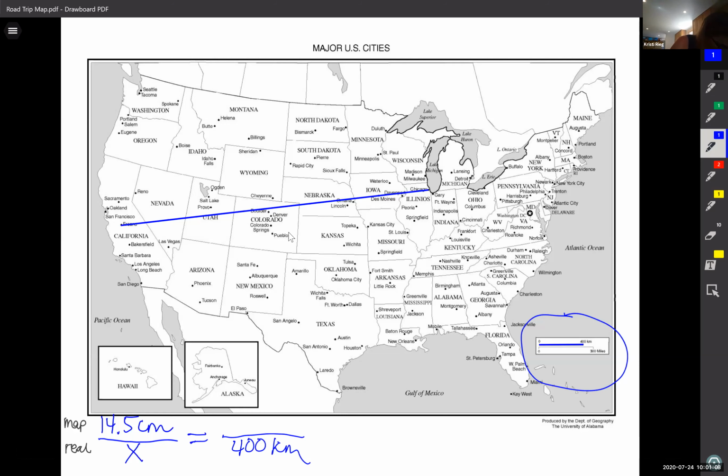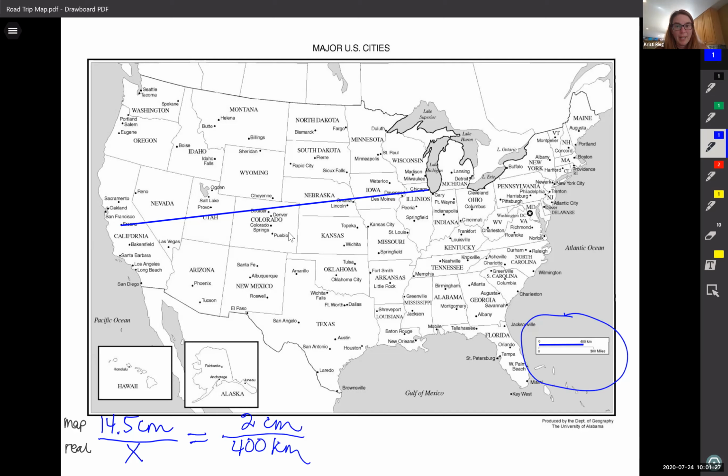And I get 2 centimeters on the map corresponds to 400 real life kilometers.